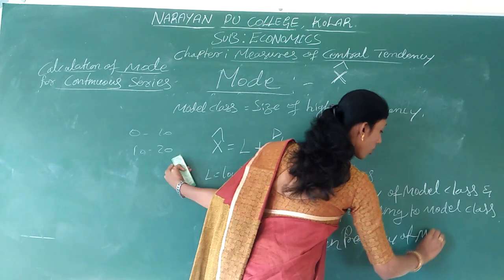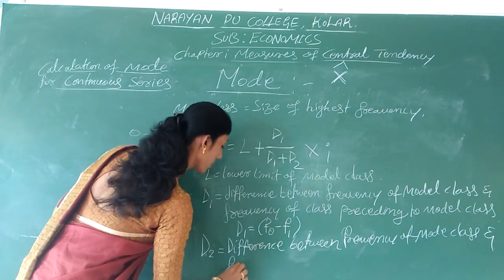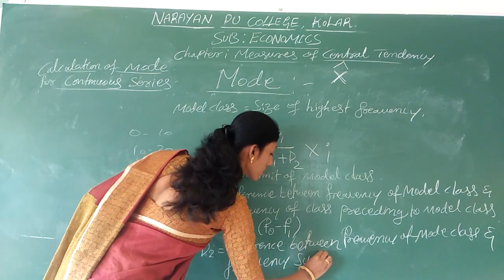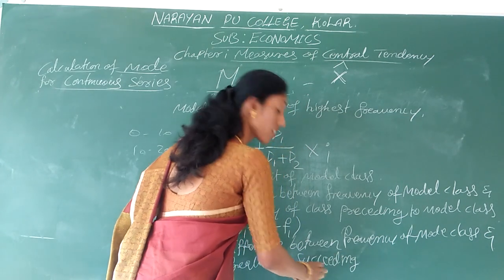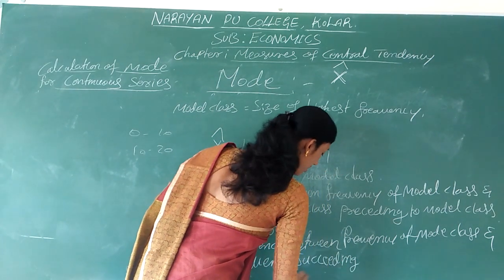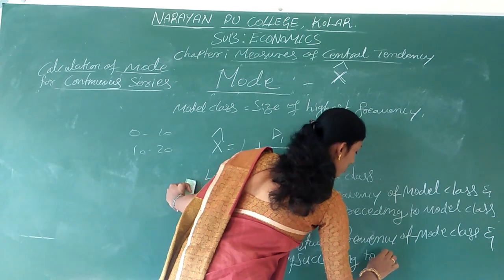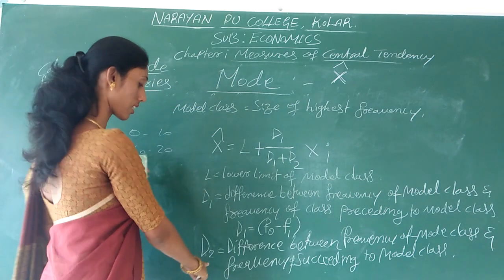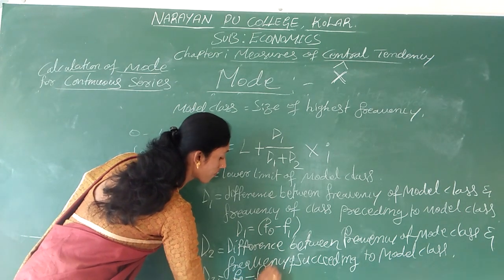Then simply we can say d2 is equal to f0 minus f2.